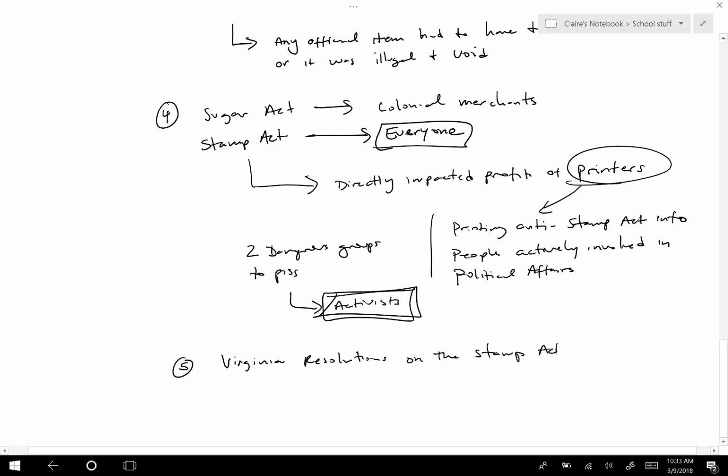So what you had from this activism was an official response and protest to the Stamp Act. This is in Voices of Freedom, page 86.